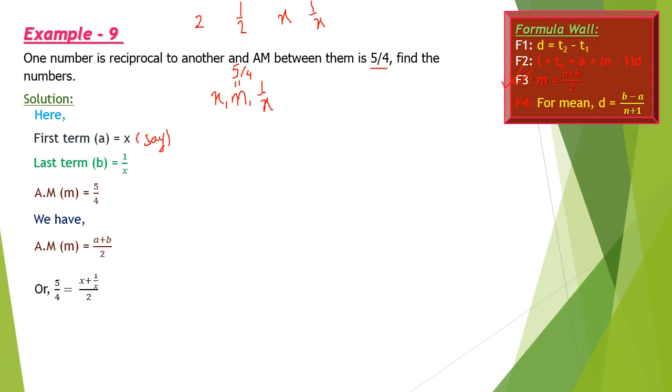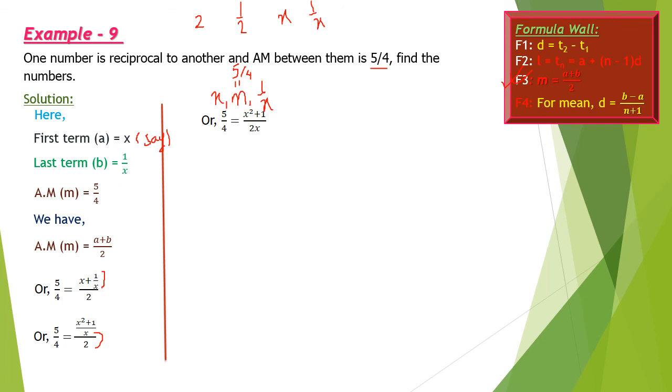Now let's simplify. 5 by 4 equal to (x square plus 1) by x, all by 2, or 5 by 4 equal to (x square plus 1) by 2x. Now this x and 2 multiply, that is 2x.